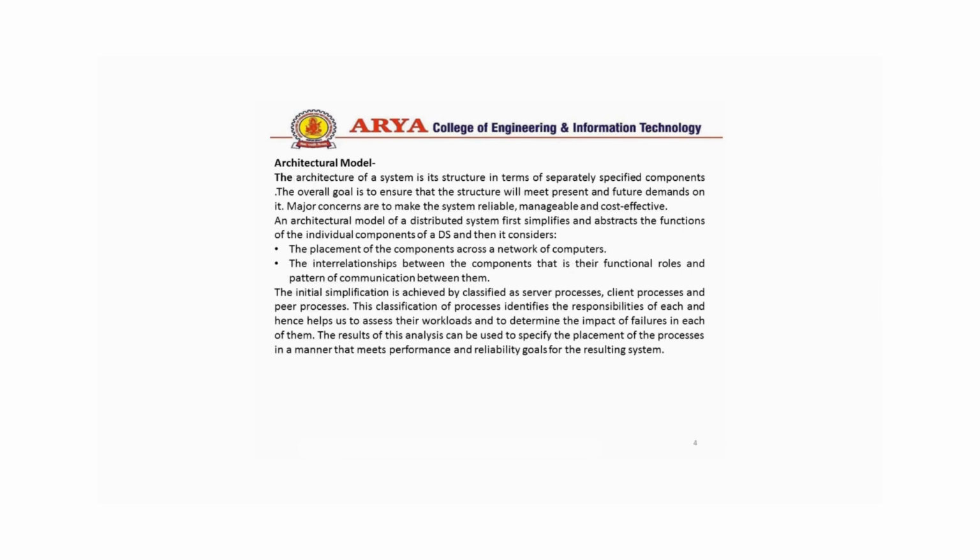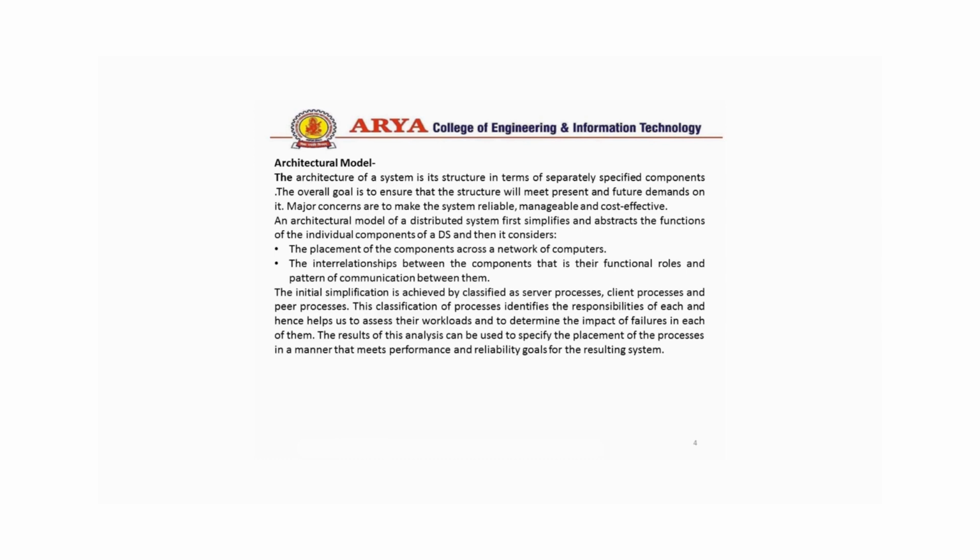Now we will study architectural model in detail. The architecture of a system is its structure in terms of separately specified components. The overall goal is to ensure that the structure will meet present and future demands on it. Major concerns are to make the system reliable, manageable, and cost effective.